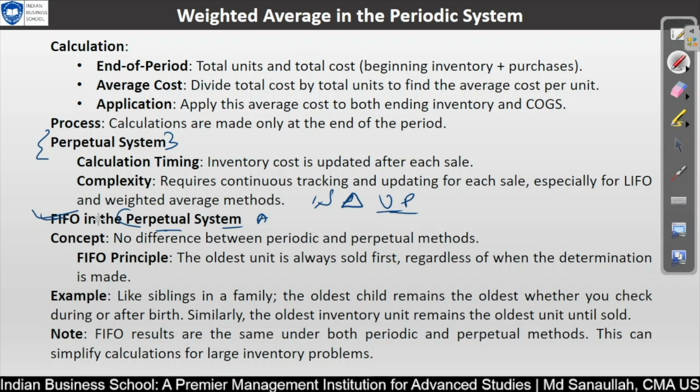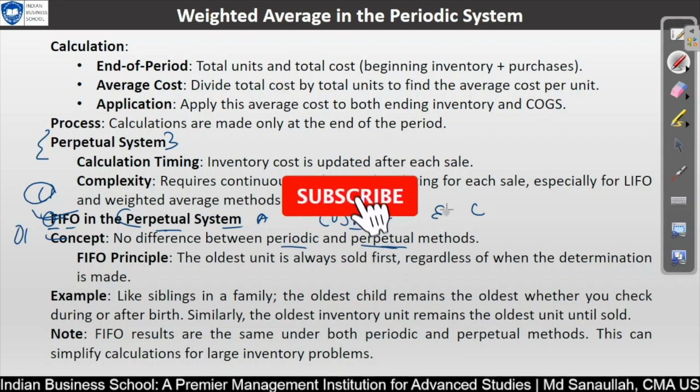But since in FIFO it is first in, first out, which means the oldest in, whatever the oldest price is, that price will be applied to your cost of goods. So in perpetual system, whether you change or not, it will not impact anything. If you see that concept, there is no difference between the periodic and perpetual inventory methods. Whichever method you use, periodic or perpetual, the result would be the same. The cost of goods sold will be the same and your ending inventory will be the same.